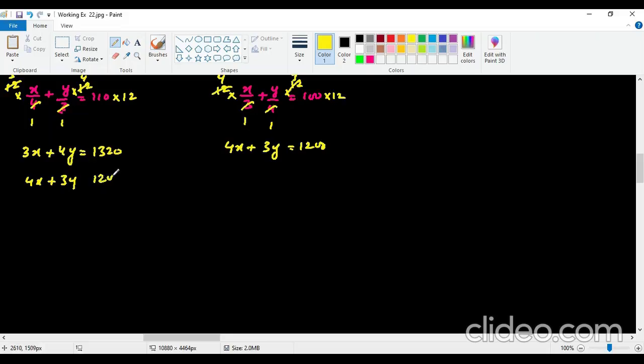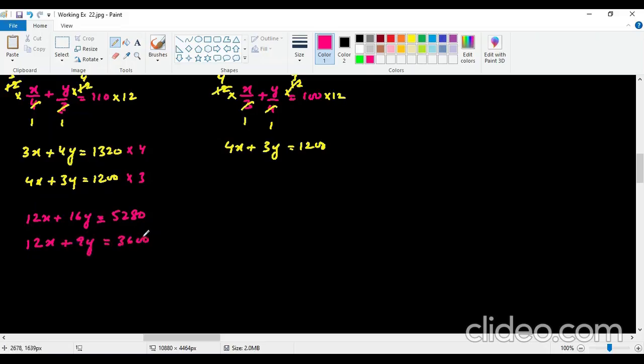Now I will use the method of elimination. I'll multiply this equation by 4 and this equation by 3. So this equation is going to give us 12x plus 16y equals 5280, and second equation is going to become 12x plus 9y equals 3600. These two are the equations.